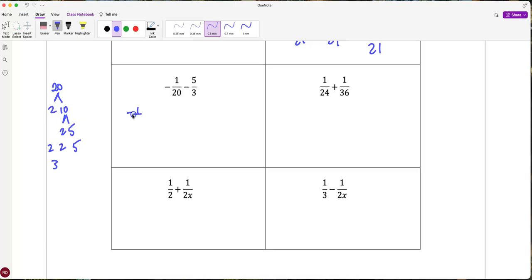So negative 1 over 20 times 3 over 3 minus 5/3 times 20 over 20. So this gives me negative 3 over 60 minus 100 over 60 is minus 103 over 60.